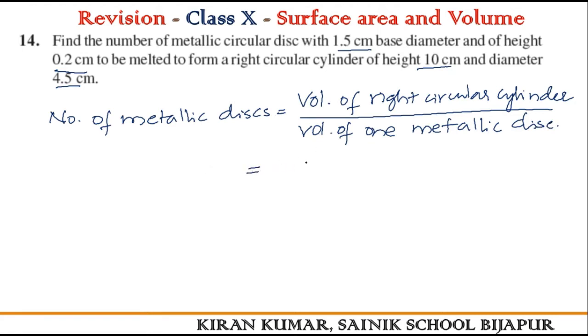So pi r square h is the volume of the cylinder. I will write 4.5/2 because the diameter is given, I'll convert that into radius.